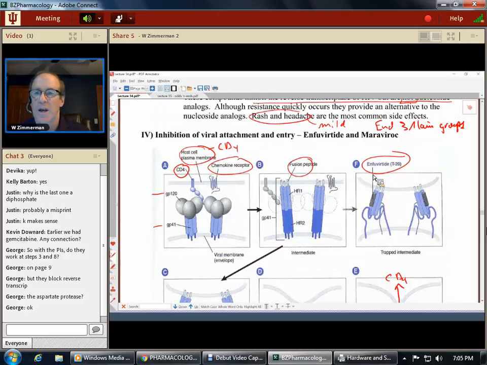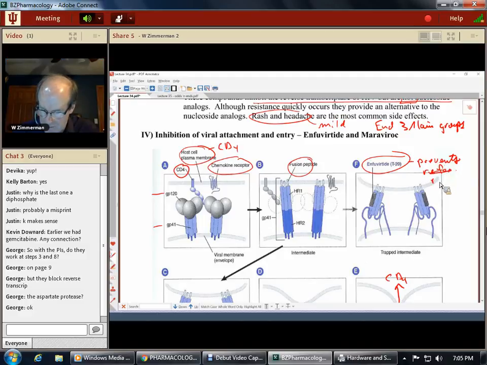So that's the importance of the GP41 and the GP120. What enfuvirtide does is it traps that stalk. It doesn't allow it to rearrange. So it binds to a hydrophobic group of GP41, but more importantly, it prevents the refolding. Even more important than that, it blocks entry.